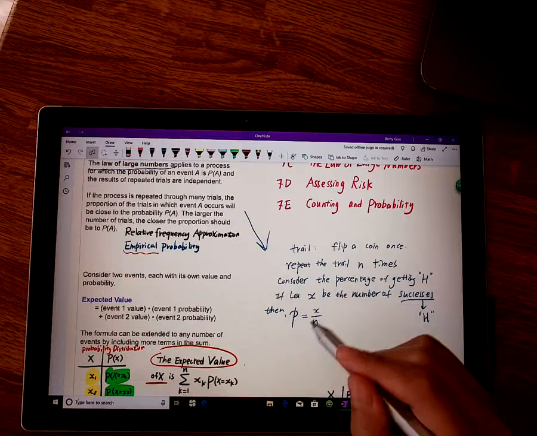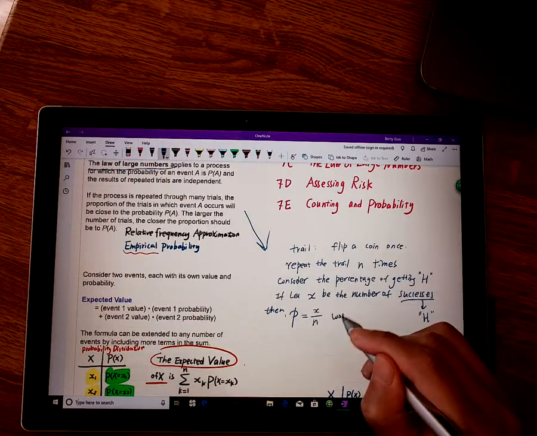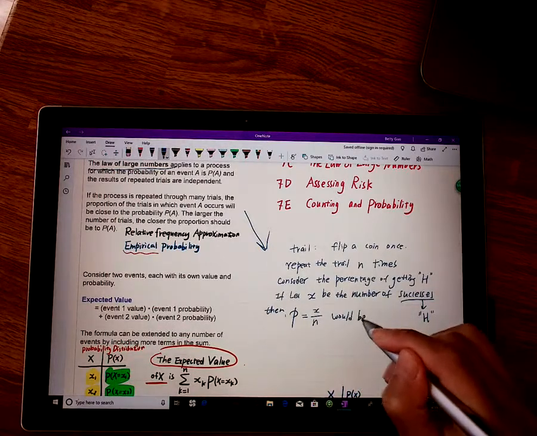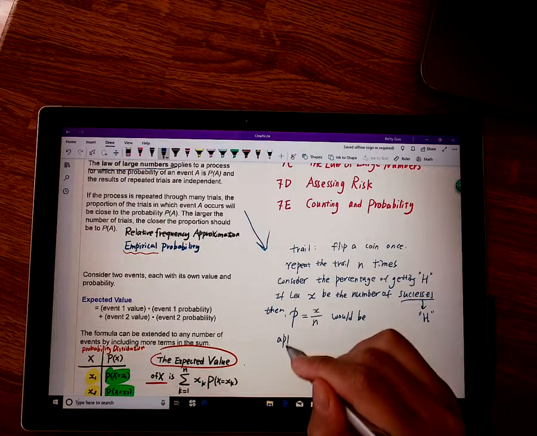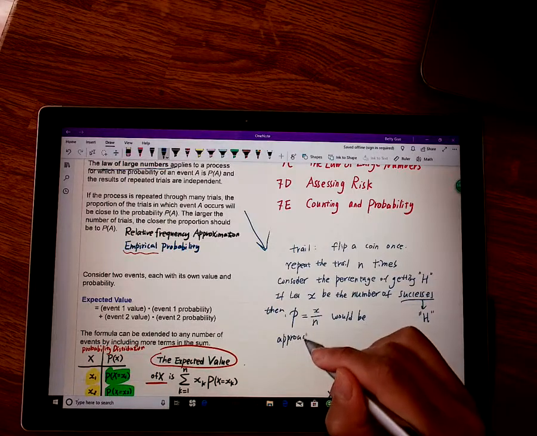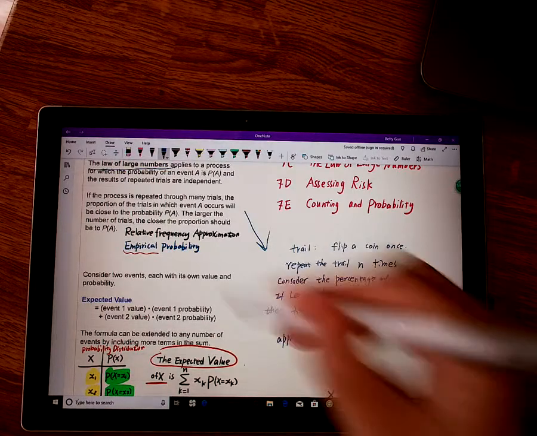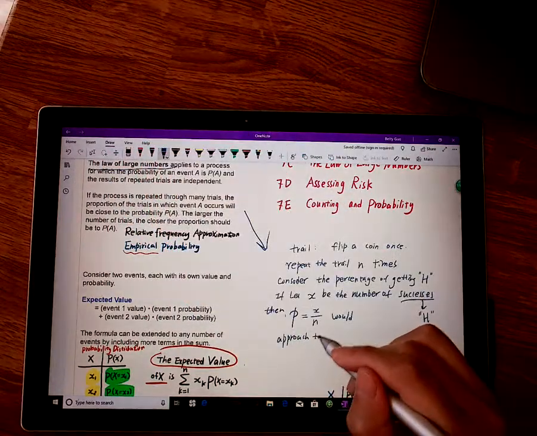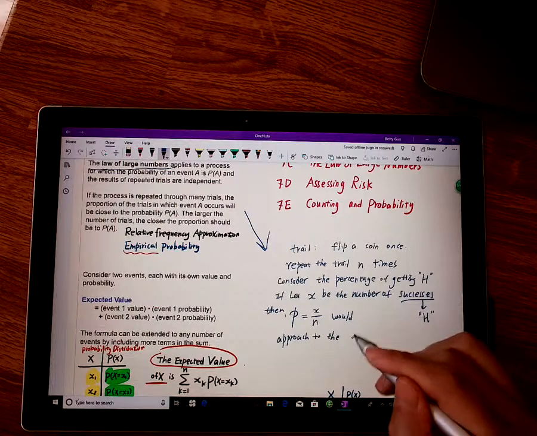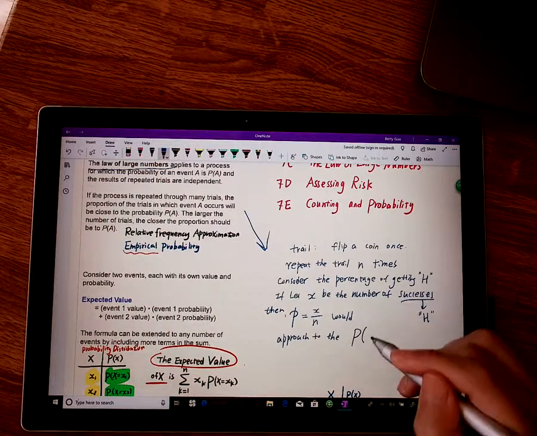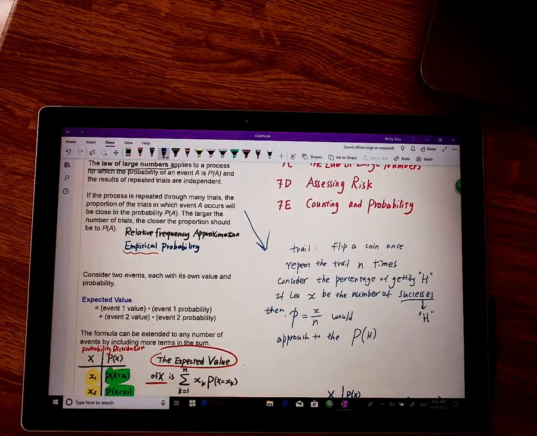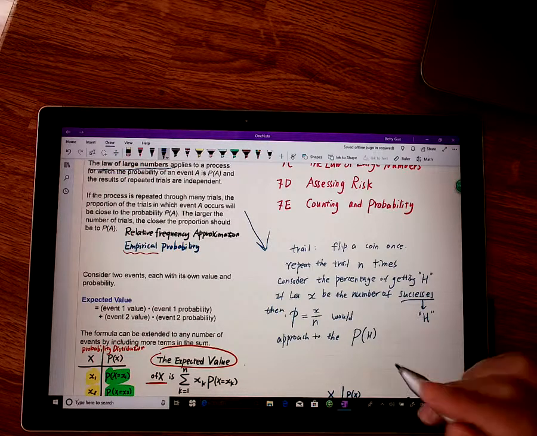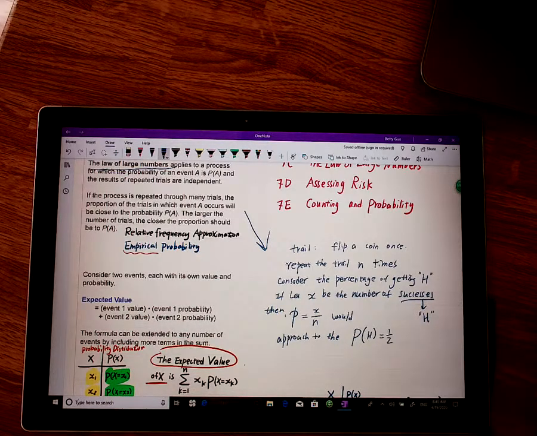Would it approach the actual value of getting a head? We know if we flip a coin, the probability of getting a head is a half. We all know that, right? 50%, 0.5.